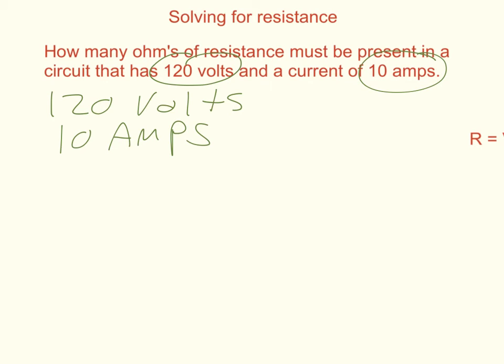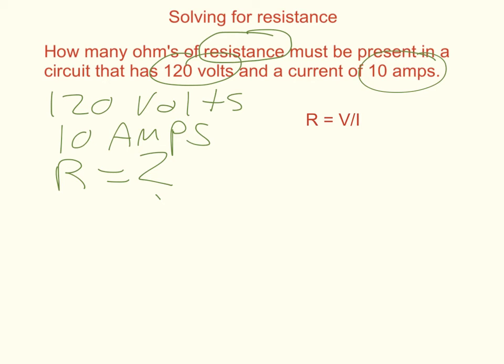I need to figure out what my unknown is. So the question's asking how many ohms of resistance. So that's my unknown. So my resistance is equal to my question mark. So then what I need to do is find my equation.